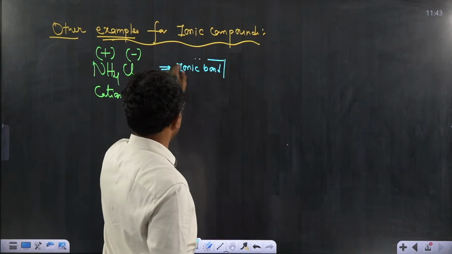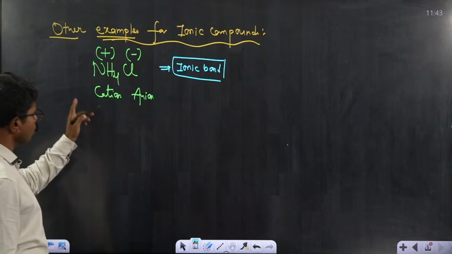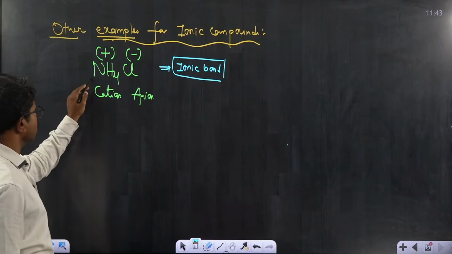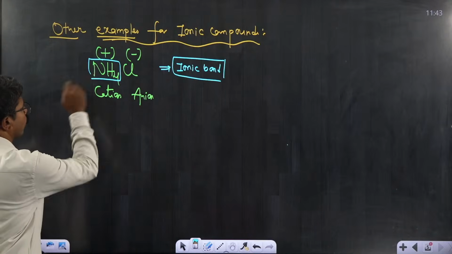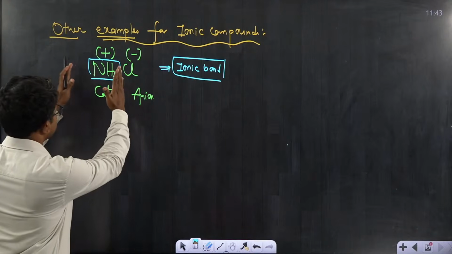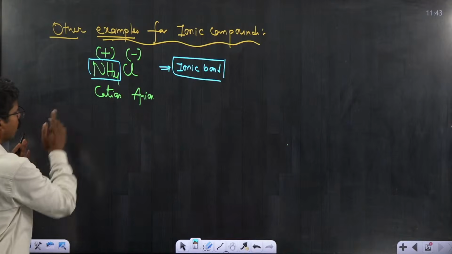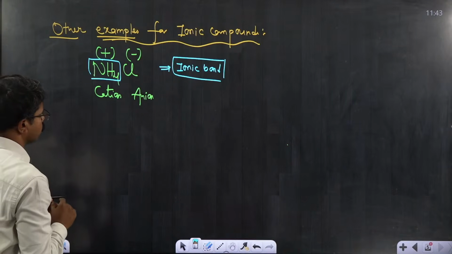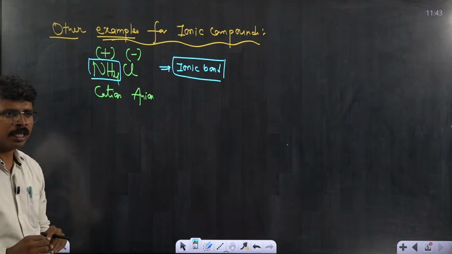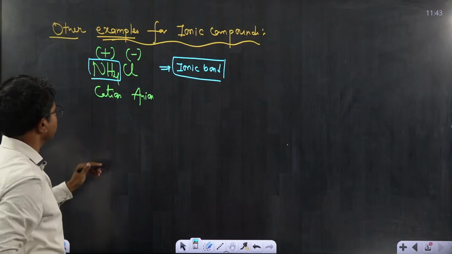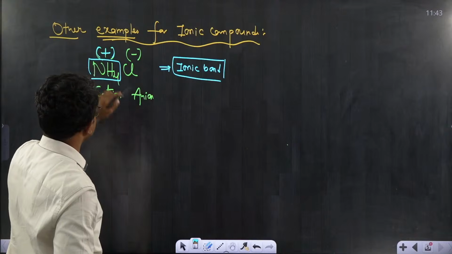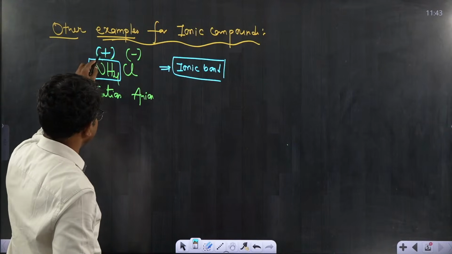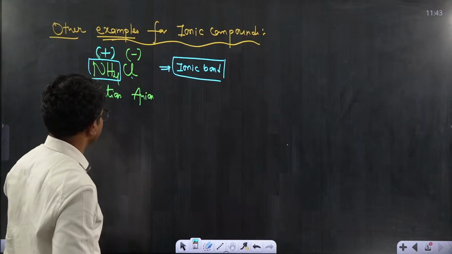If you talk about ammonium chloride, there is no metal. Okay, this is a group of atoms which are bonded through covalent bond only. Here in NH4, if you observe carefully, the bonds between nitrogen and hydrogen are covalent in nature. And here ammonium as a whole carries a positive charge, and chlorine carries a negative charge.